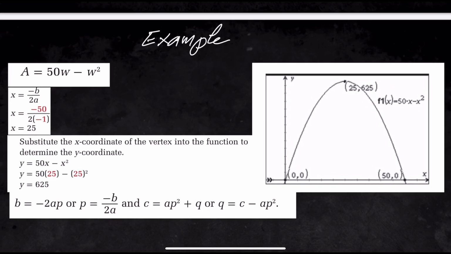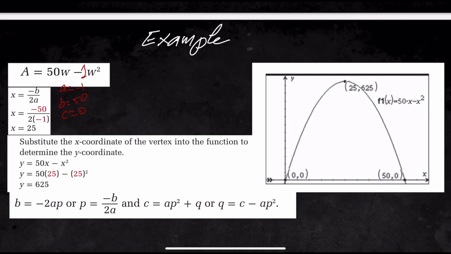If this is my equation, this is plus 0. The first thing I need to find is my p. So let me write my a. My a is minus 1. Okay, my b is 50, my c is 0.